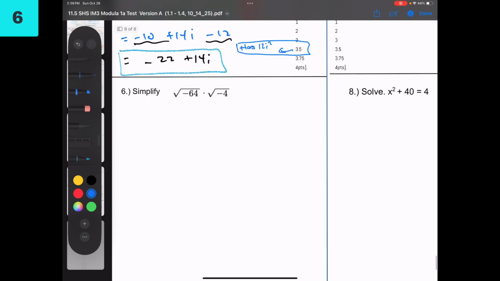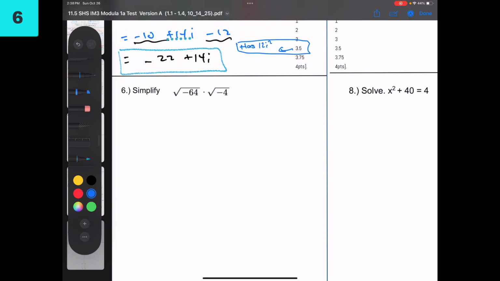Number 6. Okay. Notice there are 2 negatives. So that would be the square root of -1 and the square root of 8 times 8. This one would be the square root of -1, and 2 times 2. Remember, you're looking for pairs. But remember, this is -1.